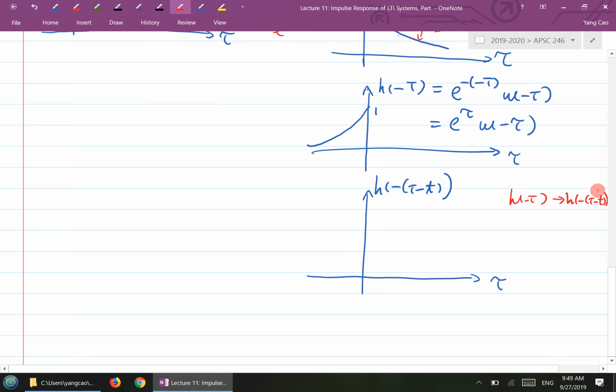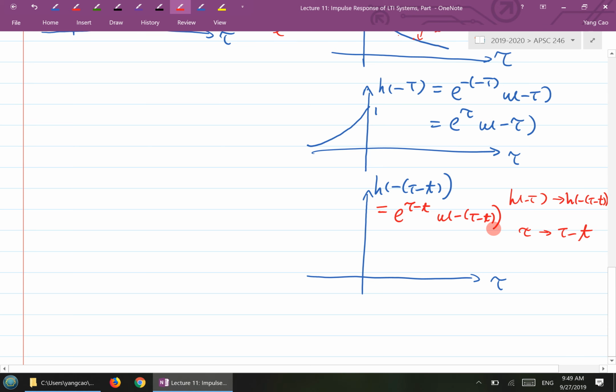So now you go to the right side, find all the tau, and replace this tau. Basically, tau changed to tau minus t. So that gives us e to the power of, find the tau, change to tau minus t, and then u of negative tau minus t.